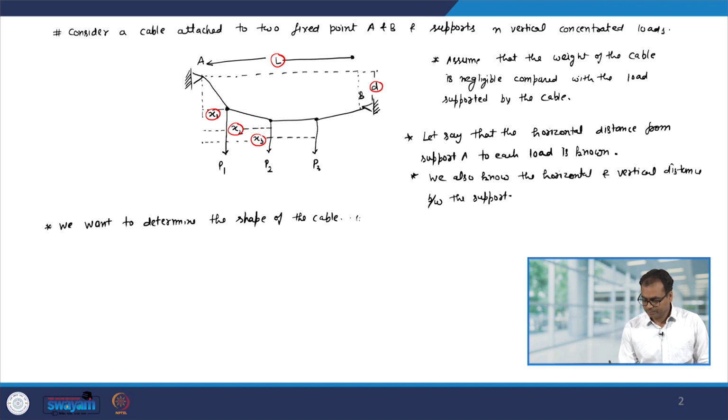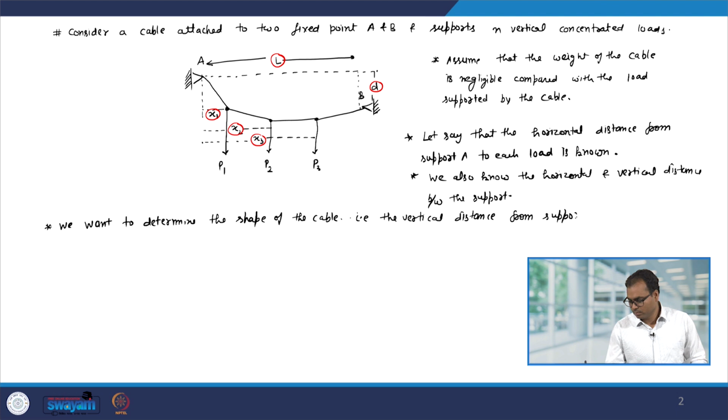That means that we want to determine the vertical distance from support A to each of the points, which are, let us say, C1, C2, C3.